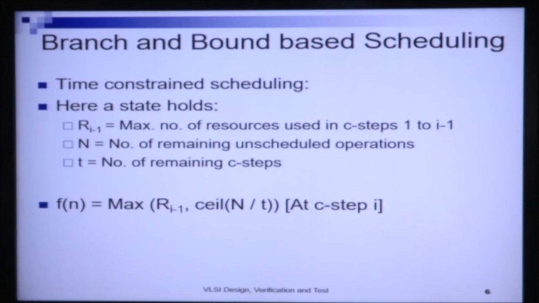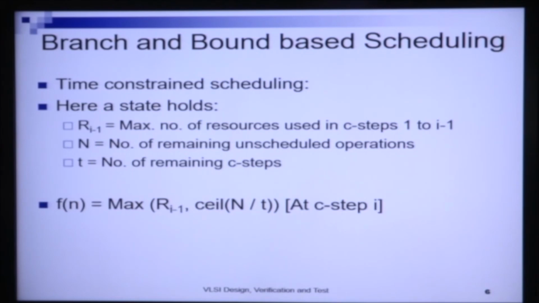So we take the same simplistic assumption that I have one type of resource, and everybody we are assuming has a delay of 1. So what will be the max resources? That means at each time step I will require some number of resources. Here the number of resources is not given to me. Here I want to minimize the number of resources.